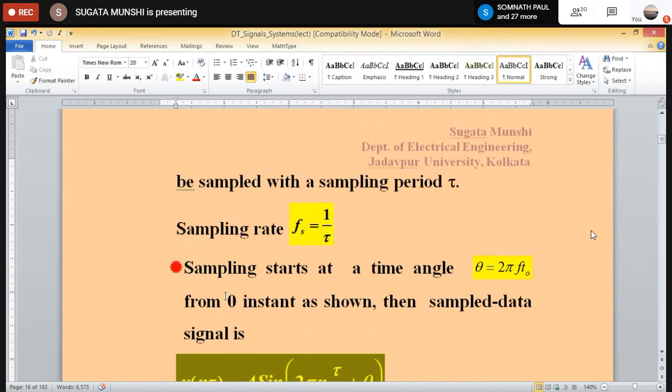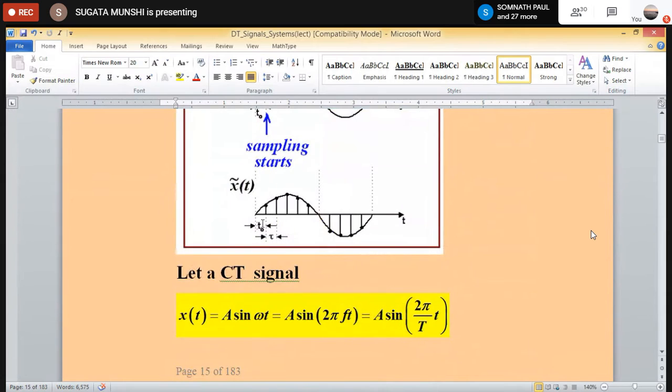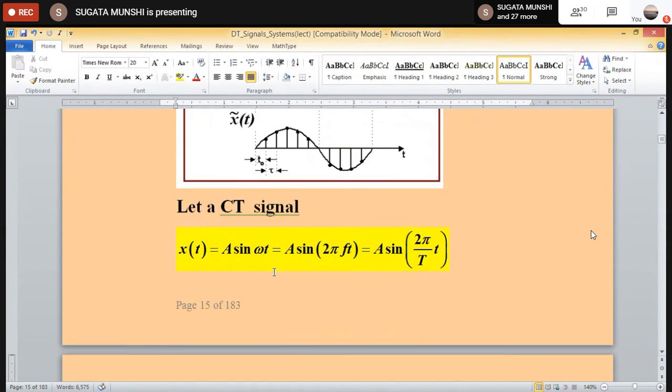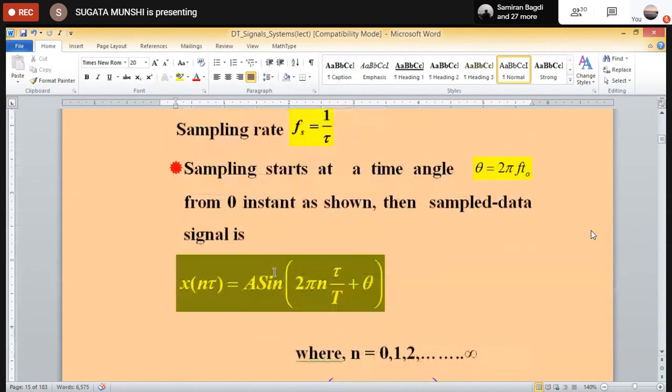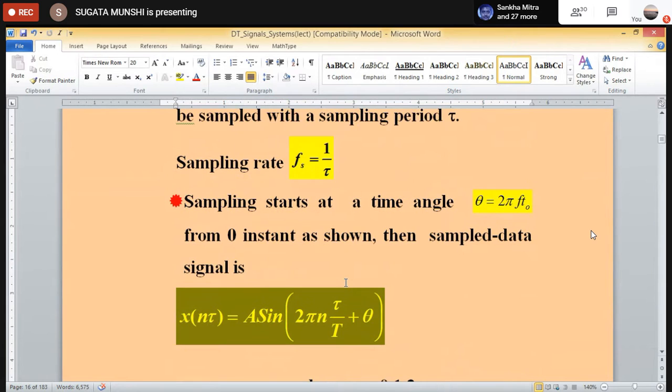Because we have started the sampling here at t naught, what is the first sample? It will be A sine theta. So if you substitute n equal to 0 here, what will remain is x(0) equal to A sine theta. That's why I have introduced theta here as the phase angle.